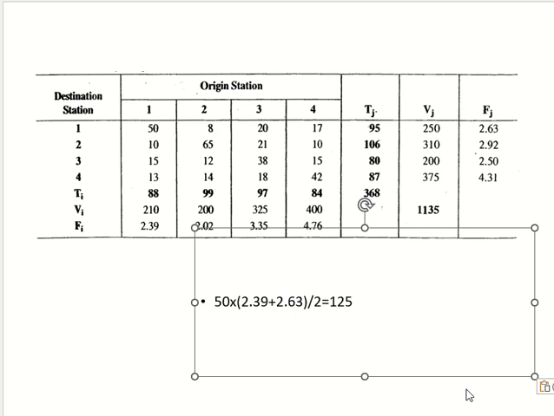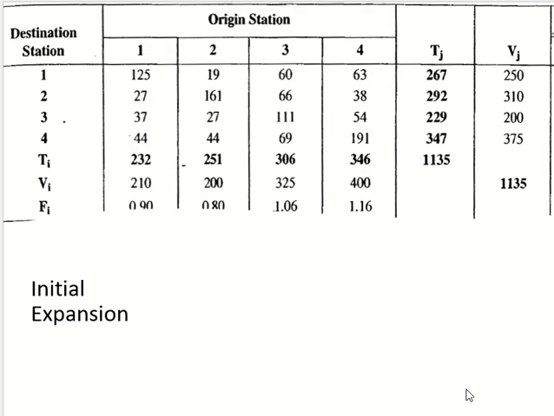They did this for the whole matrix, and this is the new matrix which they have got. The previous matrix is replaced by this one. Every value in the previous matrix was multiplied with the average of the factors in row and column. Any question up to now?